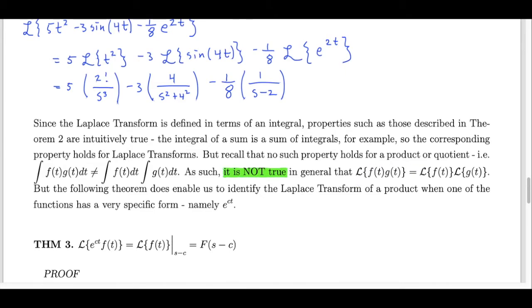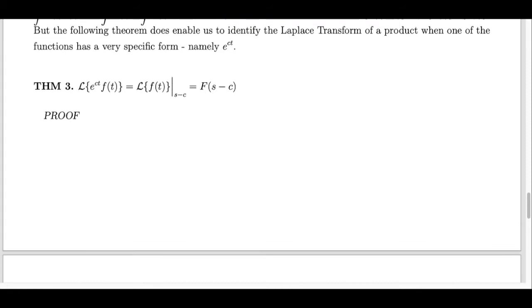That said, we have Theorem 3, which indicates a specific product. Let's take a look. In Theorem 3, I'm not multiplying two arbitrary functions. I have one arbitrary function f of t, but then the other function in my product is a specific function, namely e to the ct.